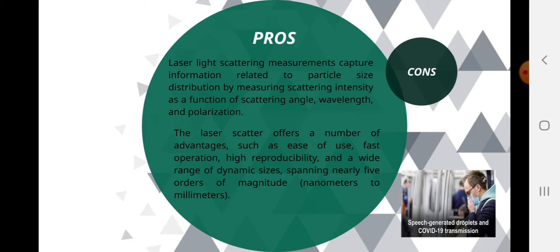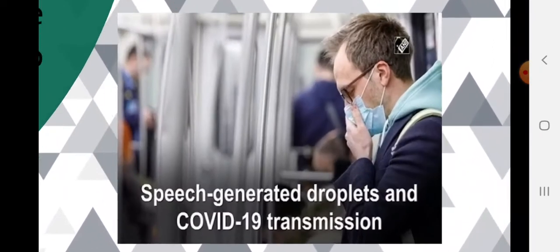The laser scatter offers a number of advantages such as ease of use, fast operation, high reproducibility, and wide dynamic range, spanning nearly 5 orders of magnitude, nanometers to millimeters.